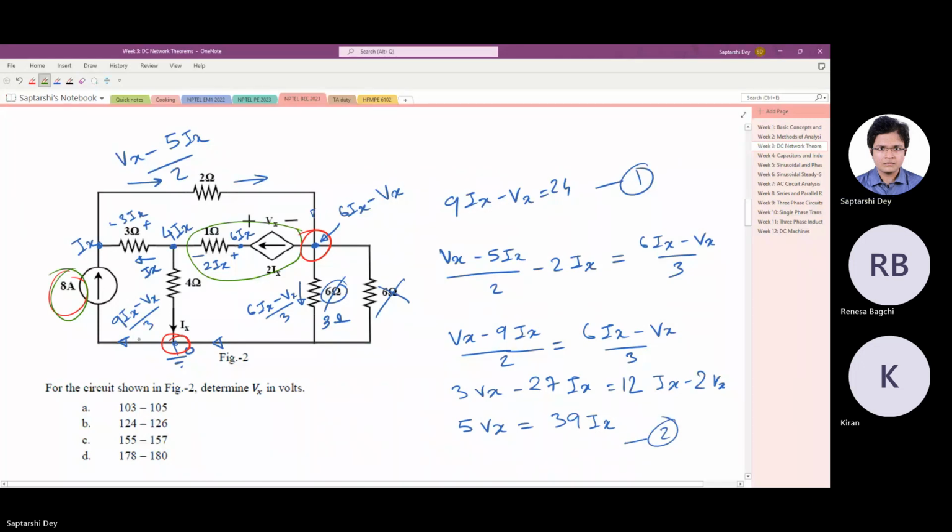And if this is 4ix and ix must be flowing, so 3ix drop, this must be ix. This must be ix. Then how did we get this current? We had 6ix minus vx here and ix here. So ix minus this, so minus 5ix plus vx by 2. This way we got this current.